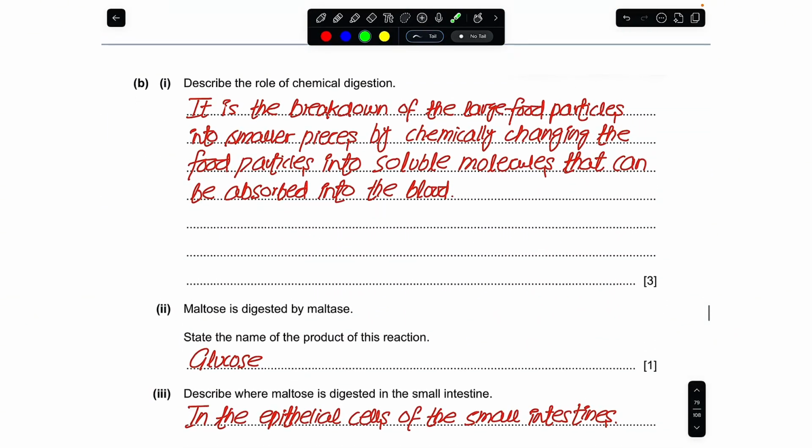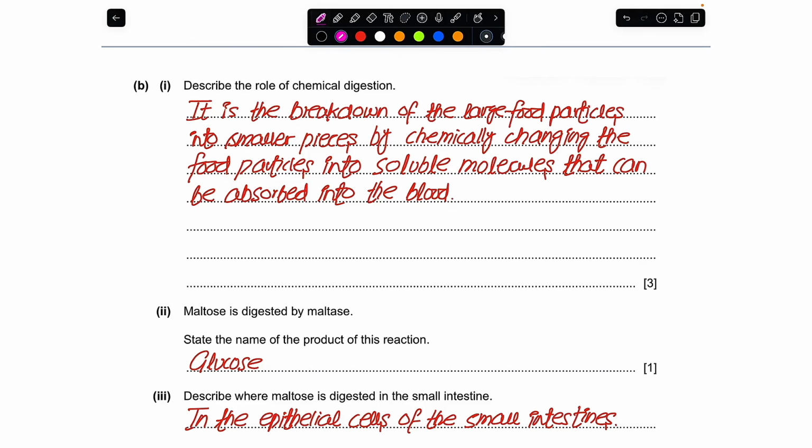If I come to B1, they want us to describe the role of chemical digestion, for 3 marks. You just need to follow me: in chemical digestion, the large food particles are broken down into small food particles chemically. By chemically, we mean with the enzymes, and the food is chemically changed.